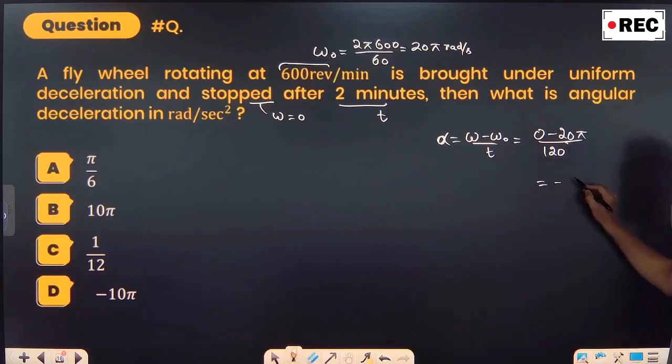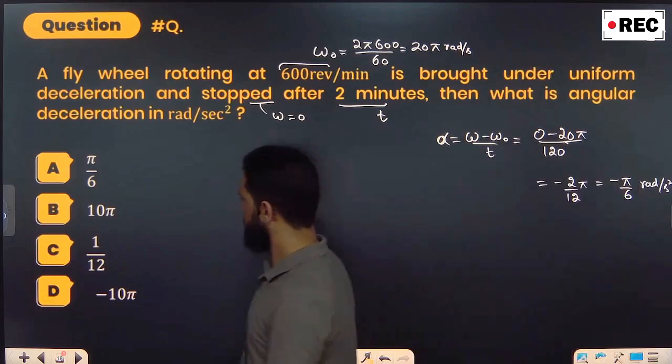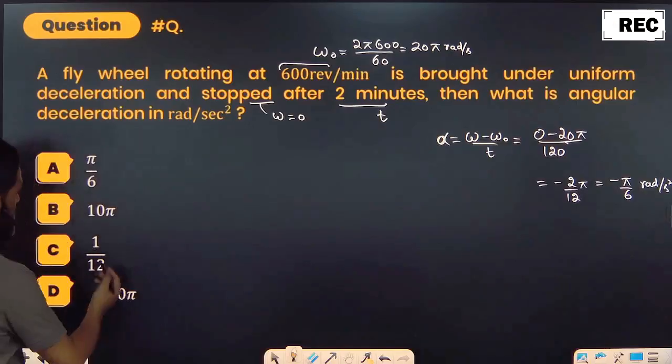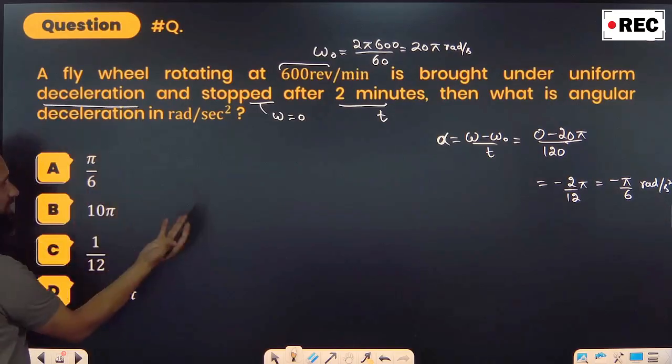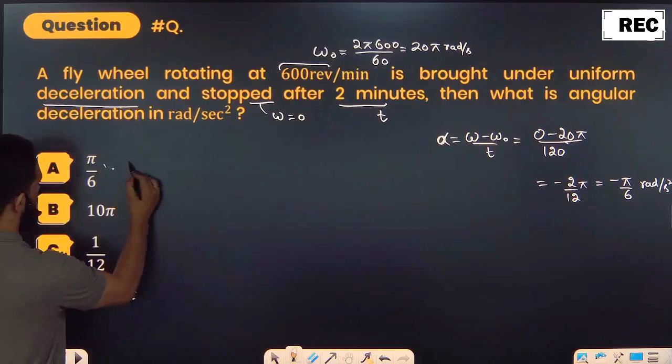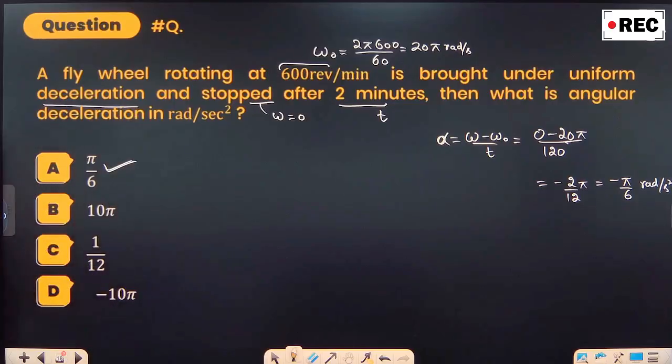Right? So it is minus 20 by 120, pi by 6 radians per second square. कौन सा आया? तो ये first ही है ना? So it's saying deceleration ना, so it means you are expected only value. How much is the value? Pi by 6. ये आया था?